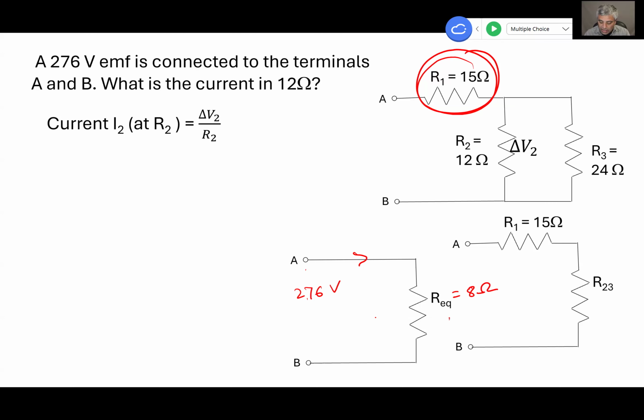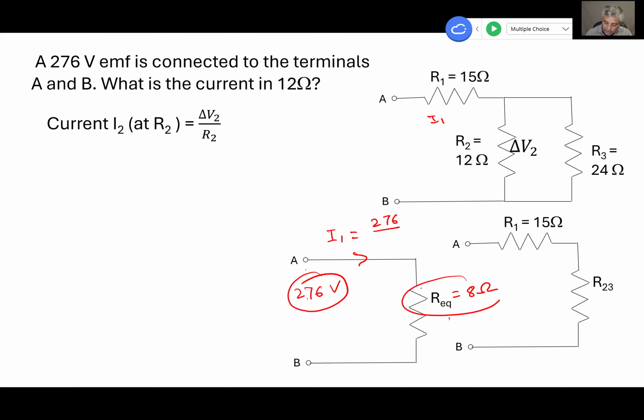So if I say this is I1, then I1 over here is going to be delta V over R, which is, oh, not R1, sorry, R equivalent. So 276 divided by 8.